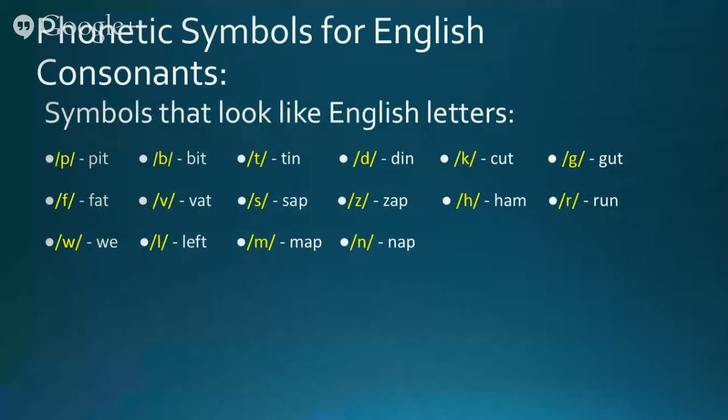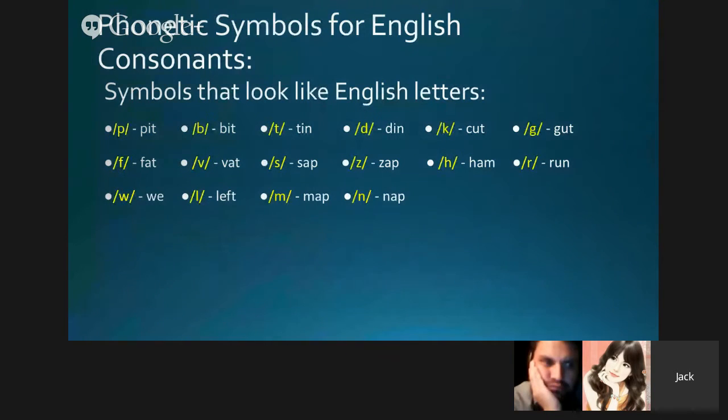So we have P as in pit, B as in bit, T as in tin, D as in din, K as in cut, G as in gut, F as in fat, V as in vat, S as in sap, Z as in zap, H as in ham, R as in run, W as in we, L as in left, M as in map, and N as in nap.